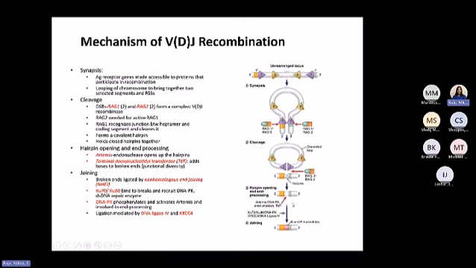Once that's done, the next step is joining these ends to each other to complete the process of recombination. This joining occurs because there are enzymes and proteins that take part in that DNA repair.